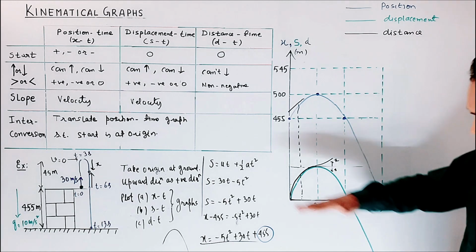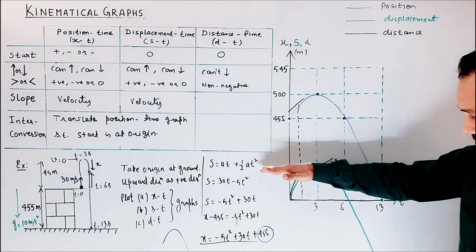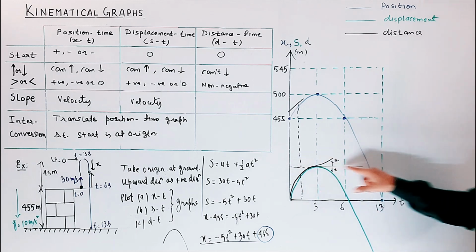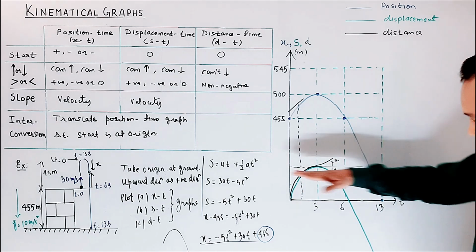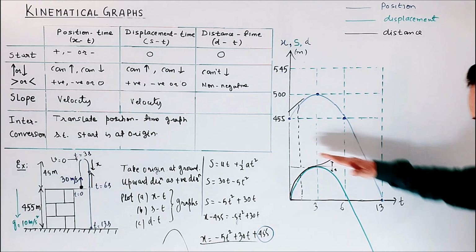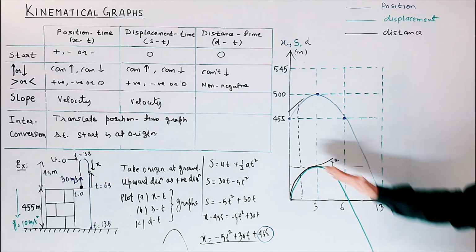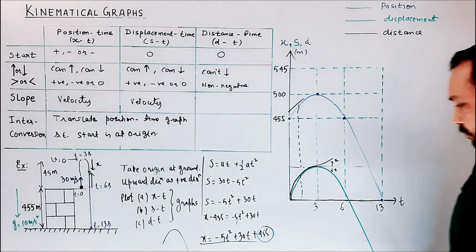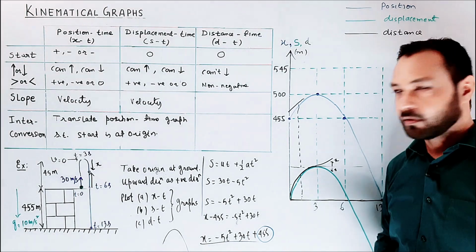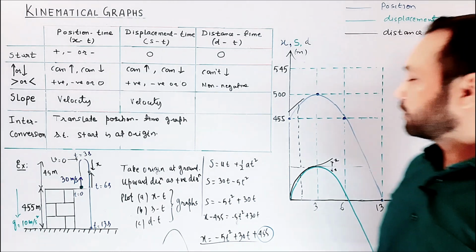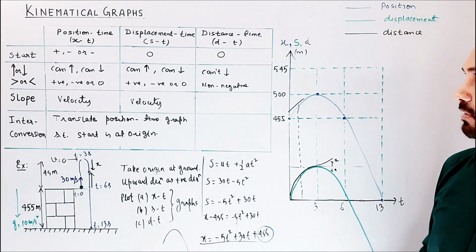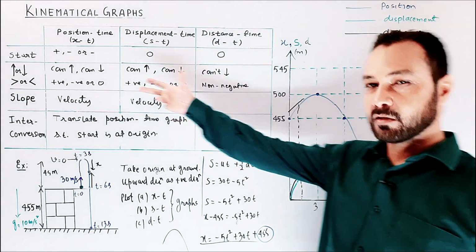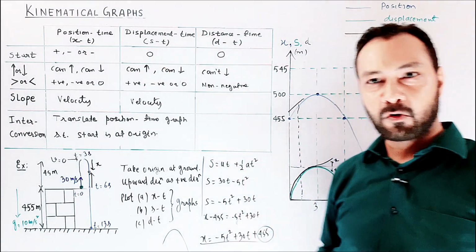Can't you see that if I draw a line from the point where turning occurs, meaning where the velocity is 0, then from that line the mirror image of the displacement time graph would be the distance time graph, right? Two things we can say about the conversion of the displacement time graph to distance. I am not writing, you can listen properly.